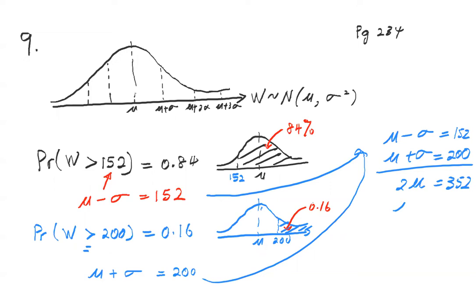Therefore the mean is equal to 176. And therefore the standard deviation will be equal to 200 minus 176, so I got 24. And the unit should be gram. Are you clear?